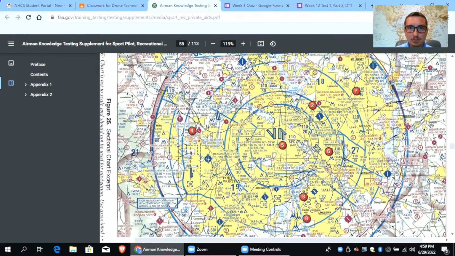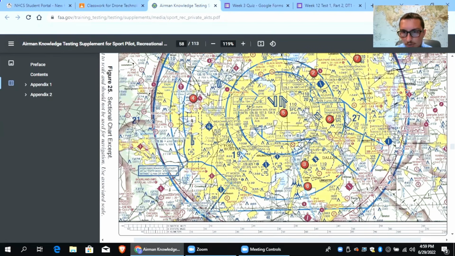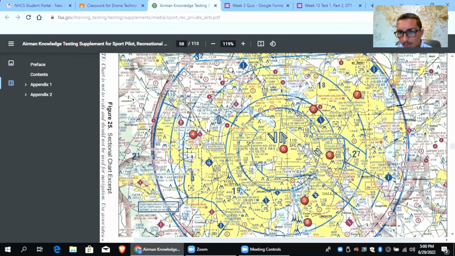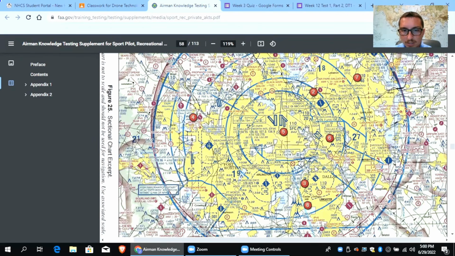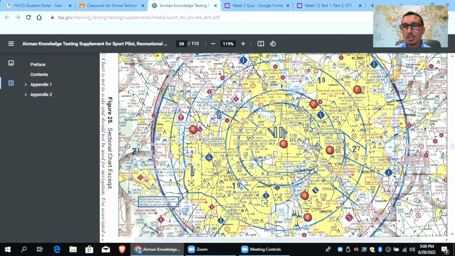Here's another Delta. There's all these little private airports over here. There's some Echoes, Echo, Echo, Delta, just all over the place. There must be like 30 airports in this one airspace.